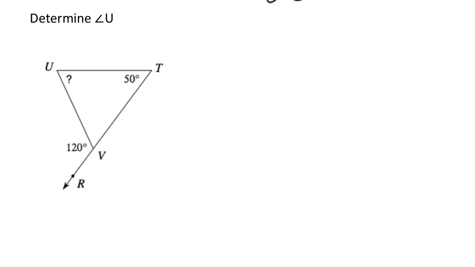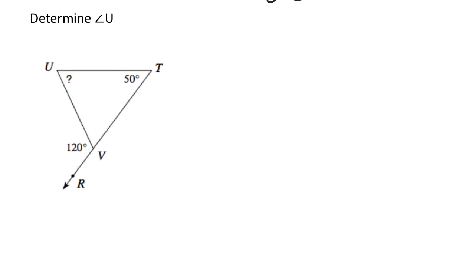So what I see here is that I have an exterior angle of 120, and then across or opposite from that exterior angle, I have my two interior angles. So we can actually use the theorem that we used in the previous example, because I know that if I take angle U plus angle T, that should add up to 120, this exterior angle.